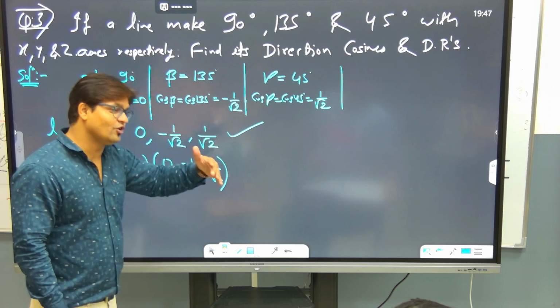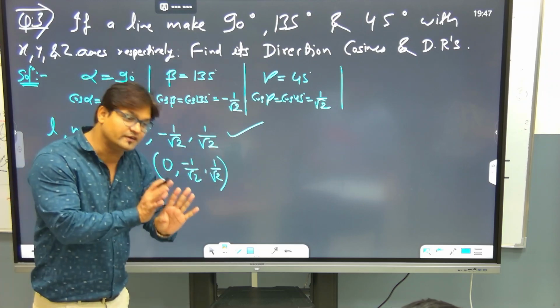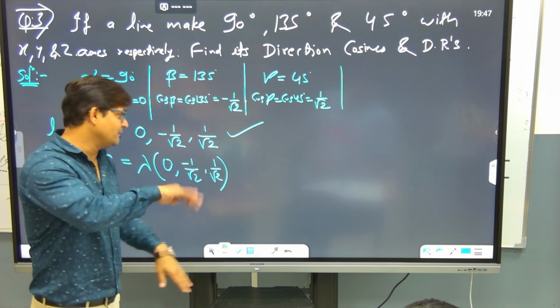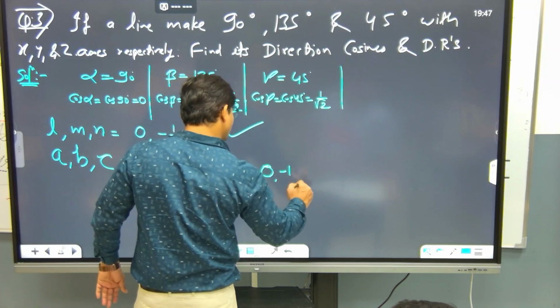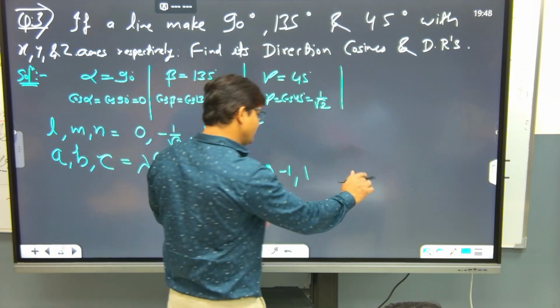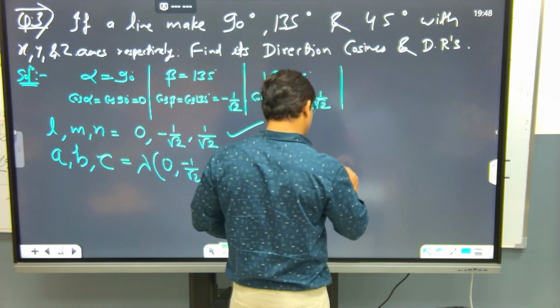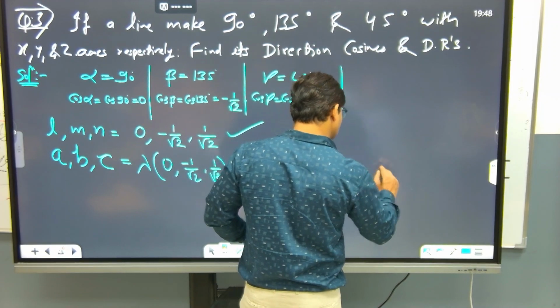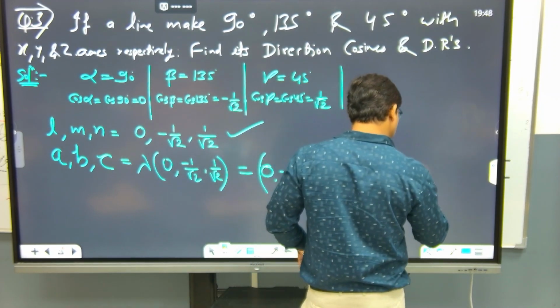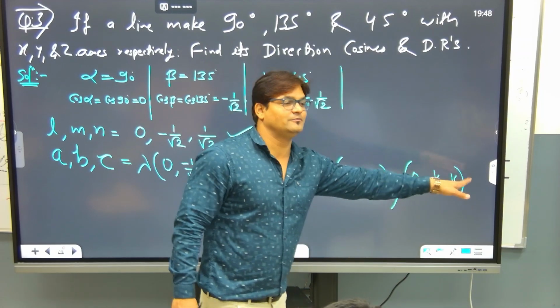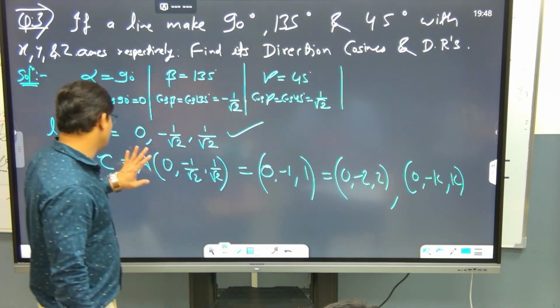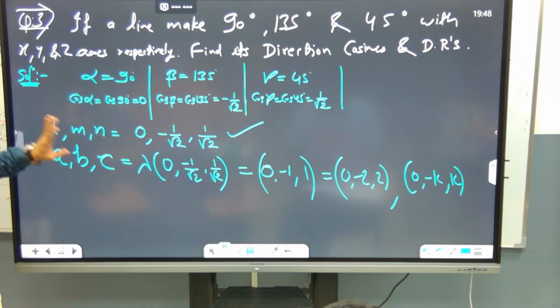So the answer is 0, minus 1, 1 in terms of integers. Then 0, minus 1, 1 is also there. They are infinite. Even I can multiply by 2: 0, minus 2, 2. Multiplied by any value: 0, minus k, k; 0, minus lambda, lambda. So here we have infinite direction ratios.